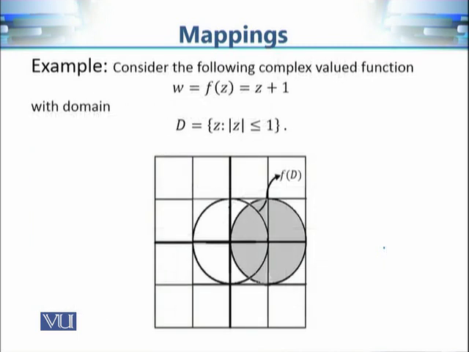Sometimes it is useful to represent both the domain and the range in the same plane. For example, in this case, this is the domain disk and this is the range disk, and we can easily see that the domain disk is translated to the right by 1 unit when we apply the function on the domain.